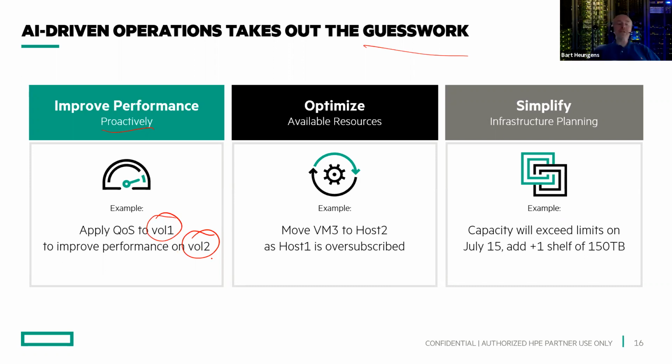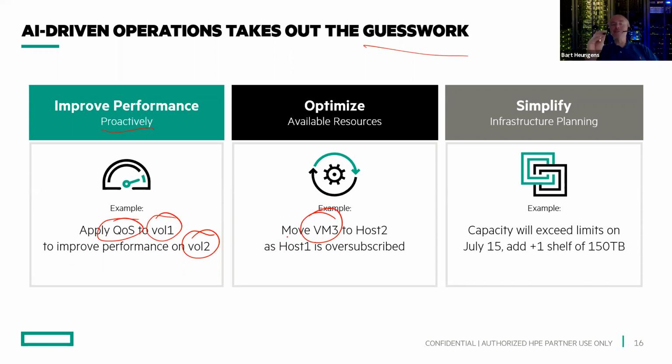Well, InfoSight will tell you maybe you've got to apply quality of service on volume 1 to improve the performance of VM2. Or maybe you've got to move VM3 to another host because host 1 is oversubscribed. And now you can tell me, yeah, but VMware DRS does this as well. Yeah, but for DRS you've got to pay. And for InfoSight, I'm going to tell you later, you don't have to pay.